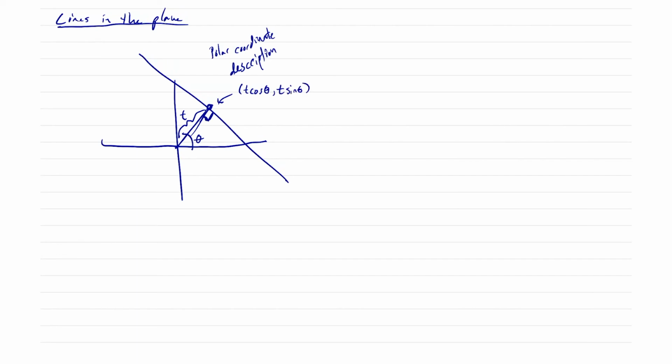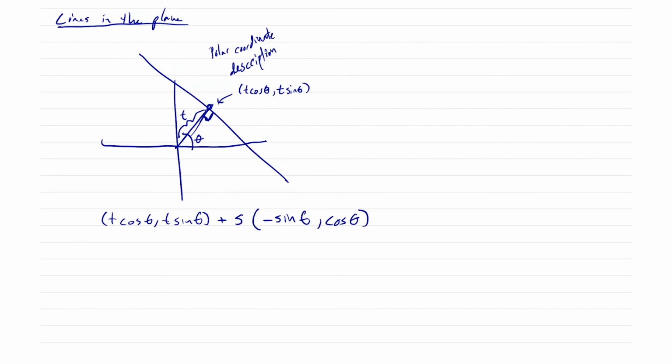And so then we can actually describe the entire line based on this point, (t cosine theta, t sine theta), plus s, which would parameterize the line, times a vector that is perpendicular to this ray, which would be (minus sine of theta, cosine of theta).